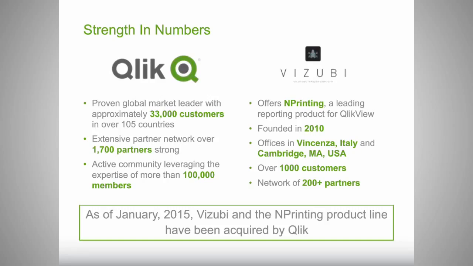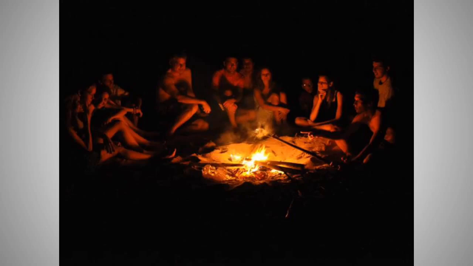Now, to talk about the NPrinting product and how it fits into our product strategy, I think it's helpful to take a little bit of a step back. As we've talked about in the past, at Qlik, we like making software which really fits with people's natural analytic capabilities. And one of those natural analytic capabilities that we've talked about in the past is this idea of storytelling. That as human beings, we are natural storytellers.